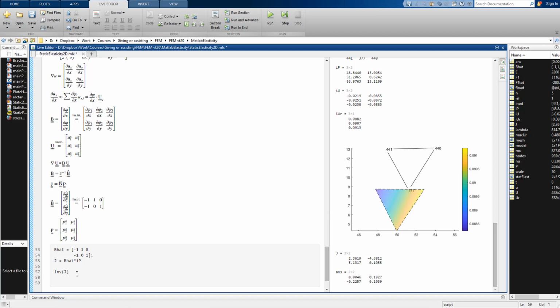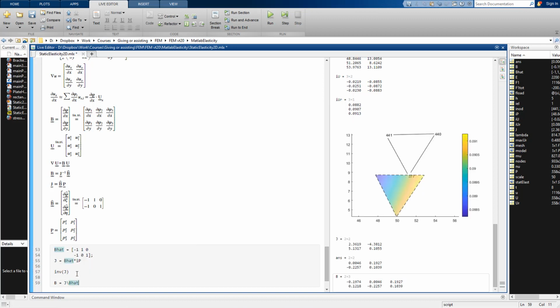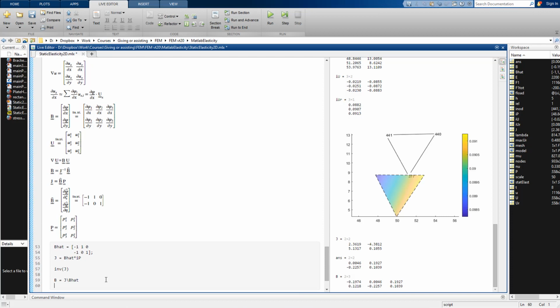But when you do this in Matlab, what you will be doing is actually saying, alright, we have B hat, and this is J \ B hat, because this will generate the same, and this is much more efficient than doing the inverse of J times B hat.